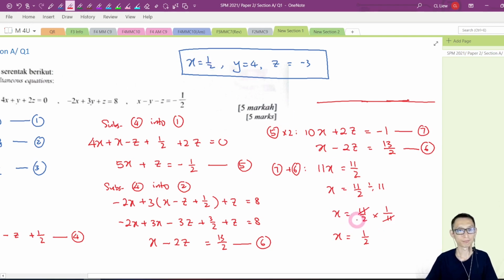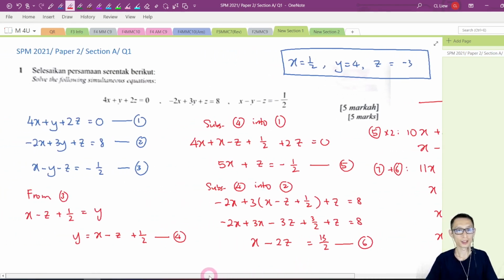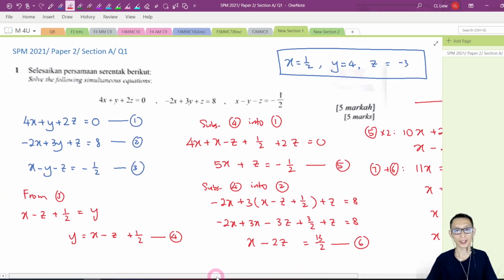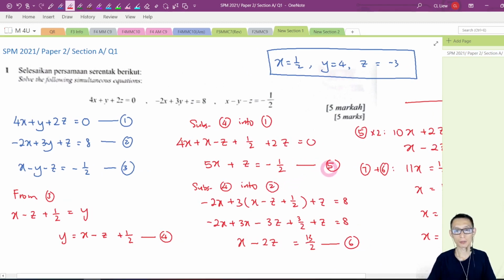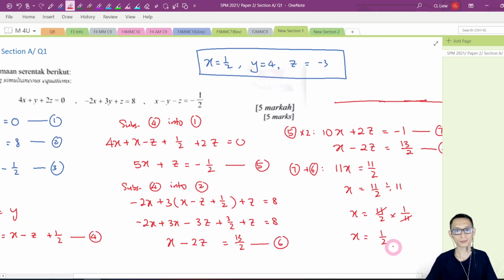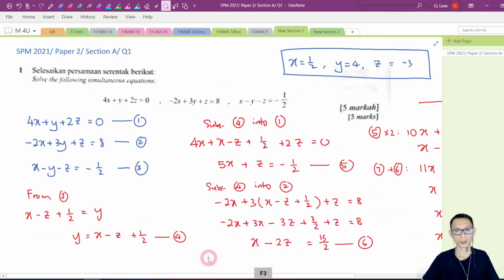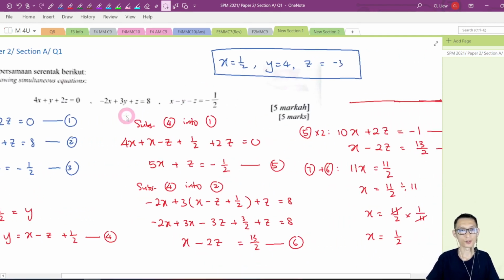So next step, I'm going to bring the x equal to 1 over 2 into, okay, so now we have, you can choose number 5 or number 6, totally up to you. Okay, let me erase this one first.